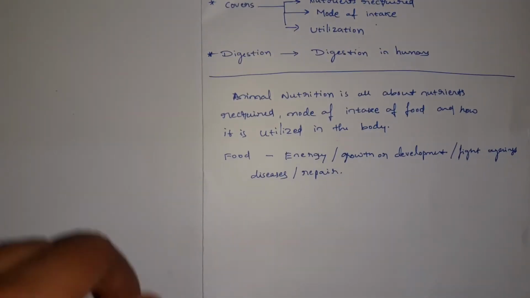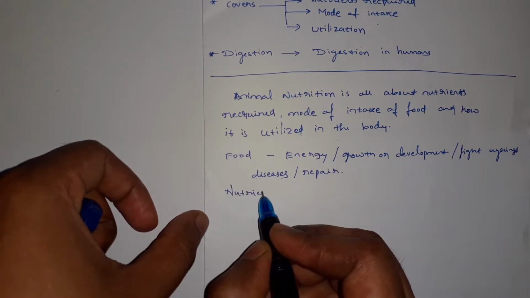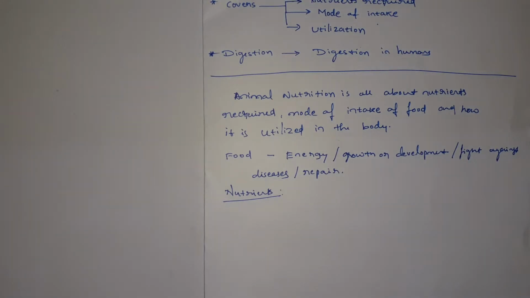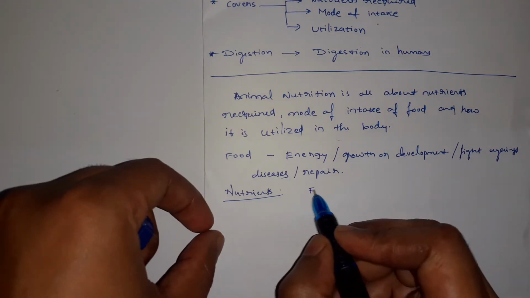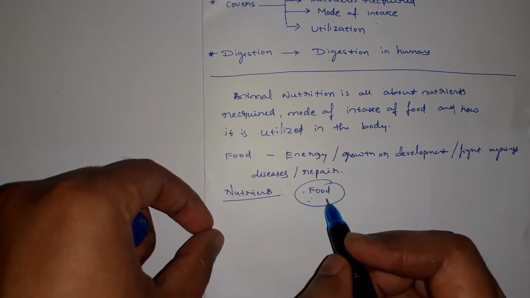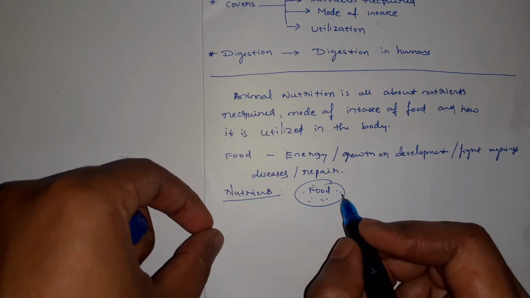Now let's come to what do you mean by nutrients. Food contains many components in itself. Food is made up of many things, and these are known as the components of food.